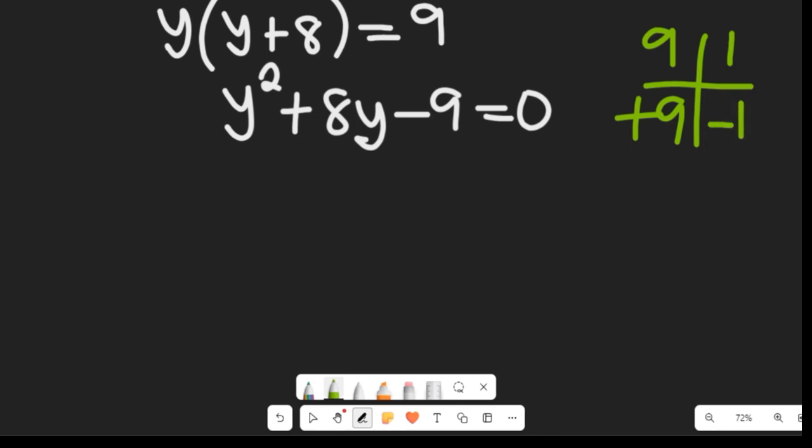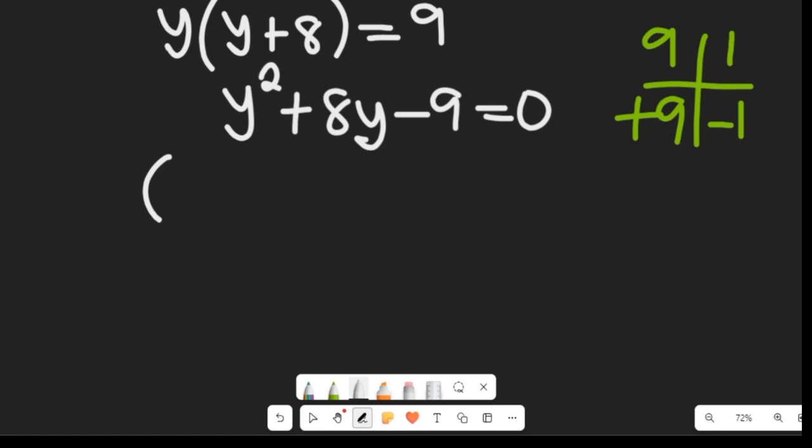So 9 will carry the positive sign. So we're going to have y squared plus 9y minus 1y equal to 0.